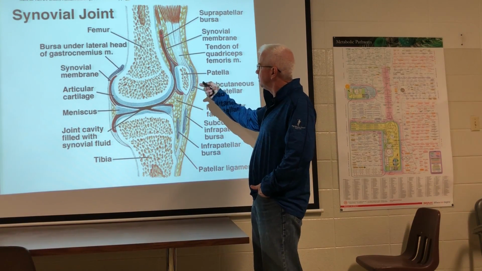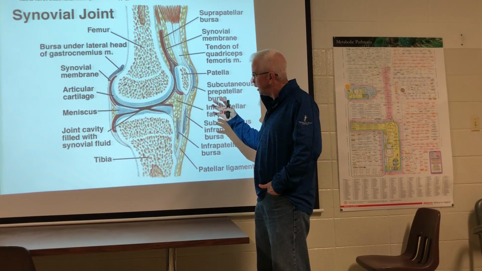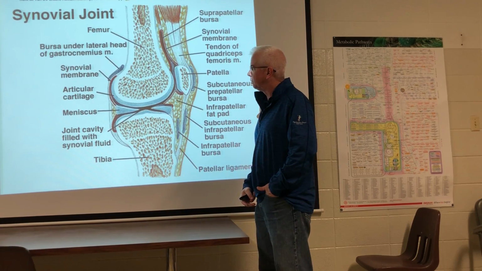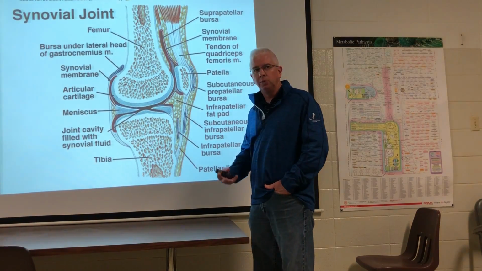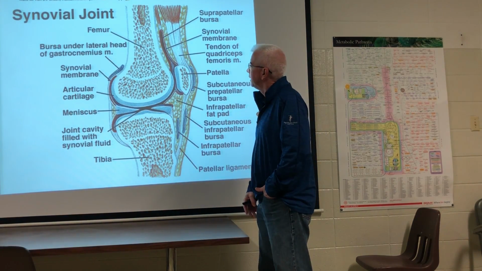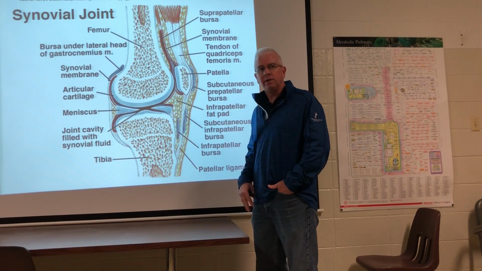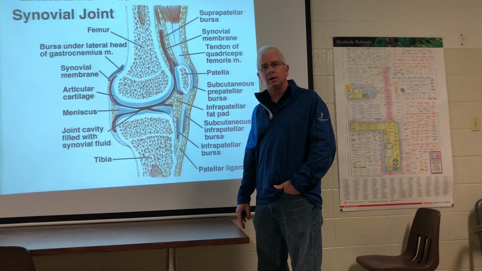All right, so the synovial membrane helps to create the house that the joint is operating in, and it helps to lubricate that joint. It is a vascularized membrane. There is a joint cavity. So with all these synovial joints, you have a cavity.